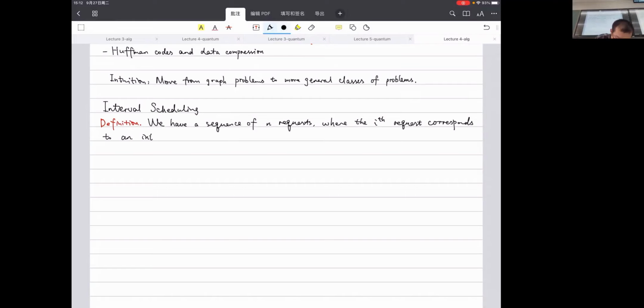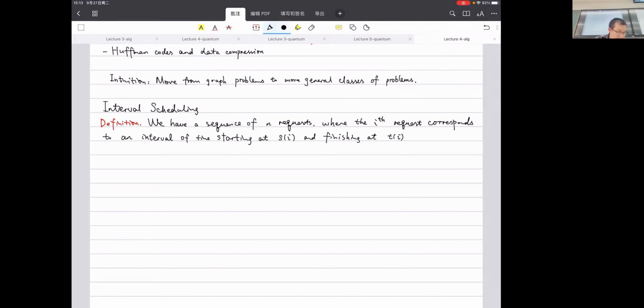If you want to talk about scheduling problems, there can be a lot of different kinds of things that you want to schedule, but it is quite common to consider a set of events over time. So we say that it starts at time s_i, where S represents start, and finishes at t_i, where T represents terminate.